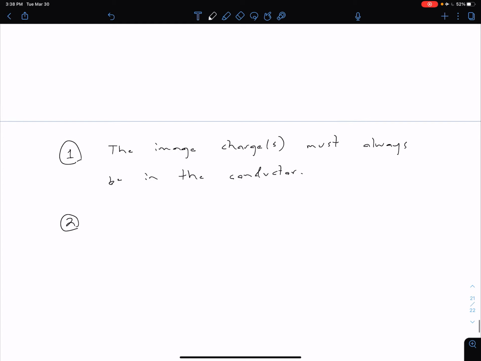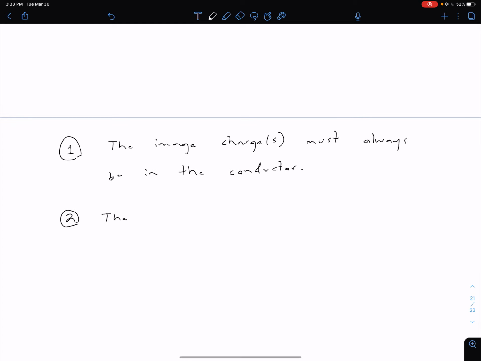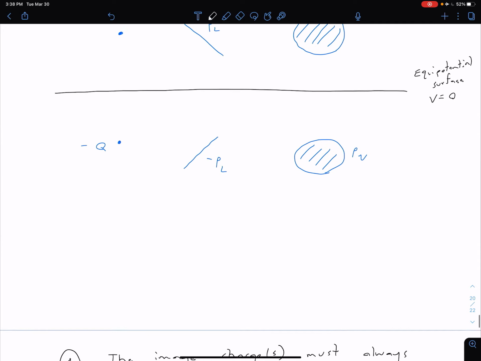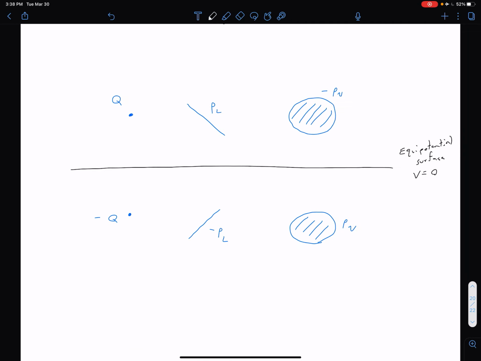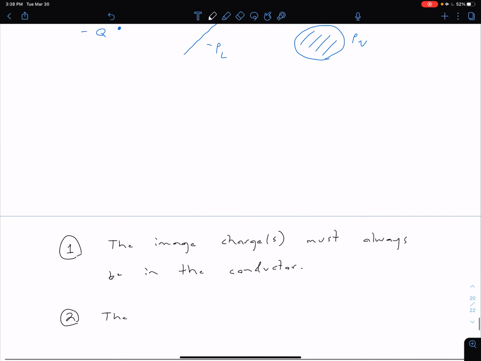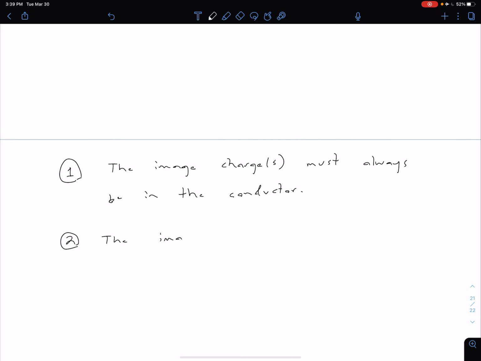The second is that the image charges must be located in such a way that we have that equipotential surface, so it can be 0 or some constant value. And we've talked about that by having, for instance, our charges equidistant from that surface. So the image charges, again, charge or charges, we can consider one or multiple, must be located such that the potential is 0.